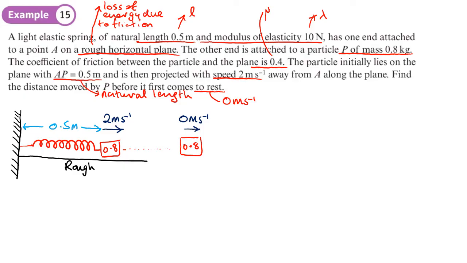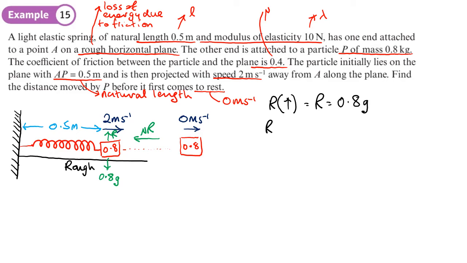Now we have friction going this way, which is mu R, like this. That means we need to find R, and so we want mg here, 0.8g. So this involves resolving our forces as well. So if we resolve vertically, we'll have R equals 0.8g.